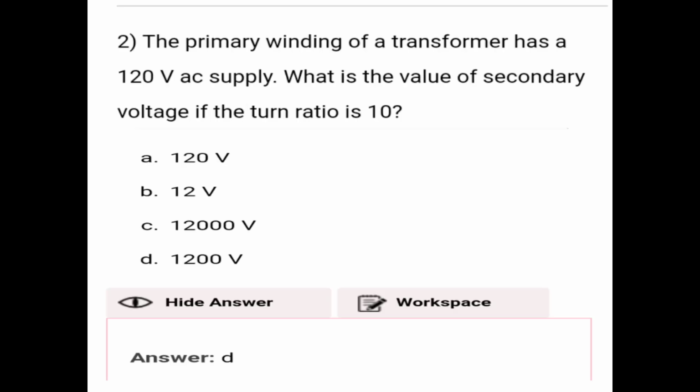Next: the primary winding of a transformer has a 120 volt AC supply. What is the value of secondary voltage if the turns ratio is 10? The correct answer is option D, that is 1200 volt.